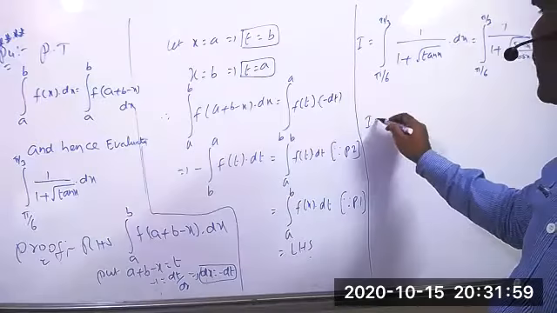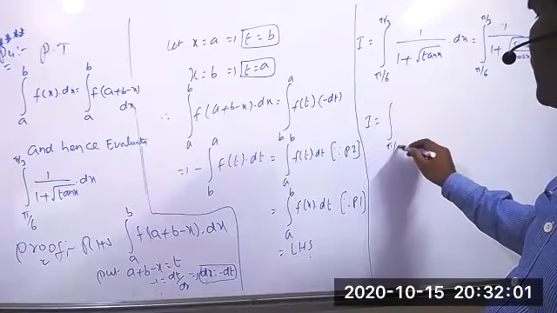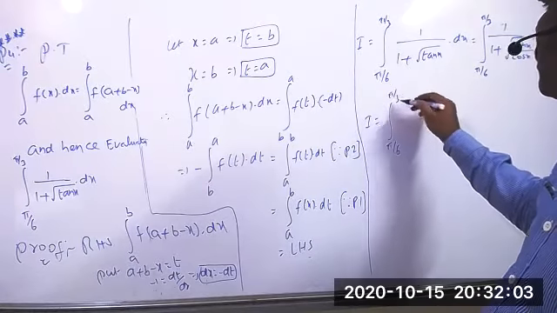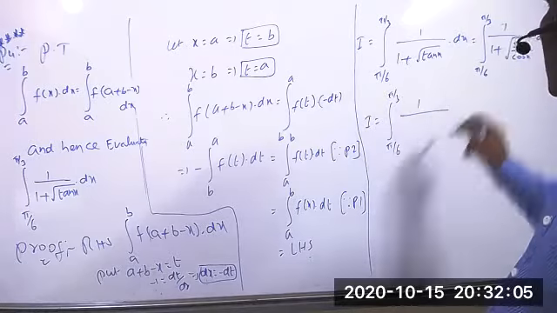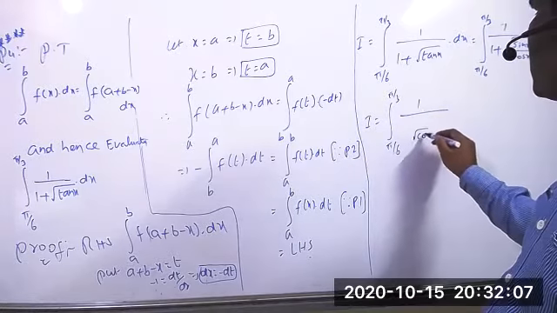Now we can take separately integration of pi by 6 to pi by 3, 1 by, you take the LCM. I think root of cos x is the LCM.